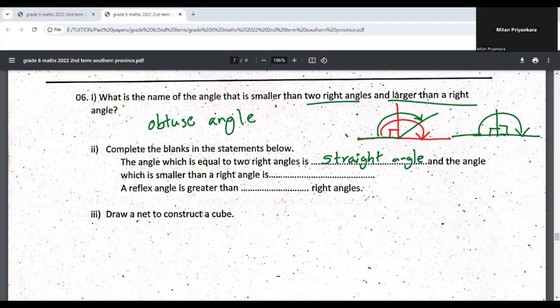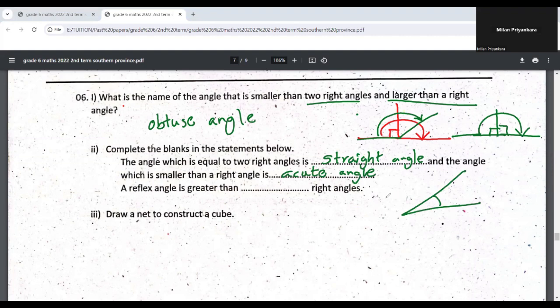And the angle which is smaller than a right angle is acute angle, right? Acute angle is something like this. This is less than a right angle.